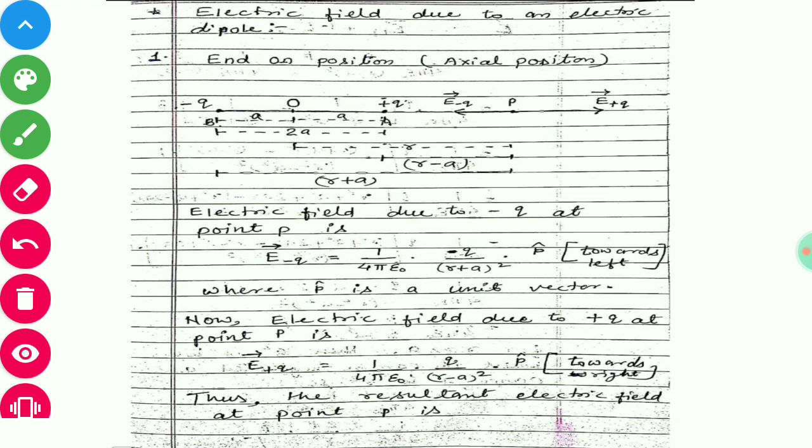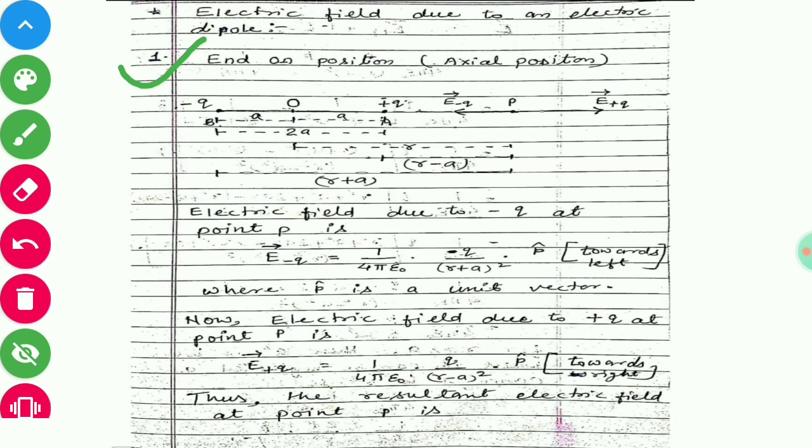Now the main concept of today is the electric field, or electric field intensity or electric field strength, due to an electric dipole. So let's start with the first topic, the electric field intensity due to an electric dipole on the axial position.